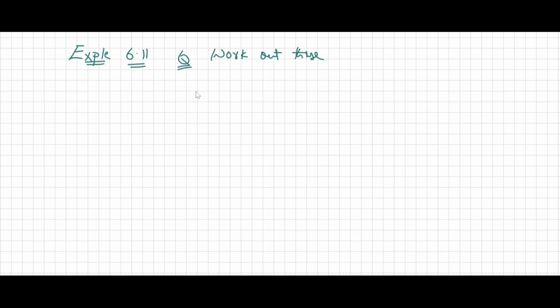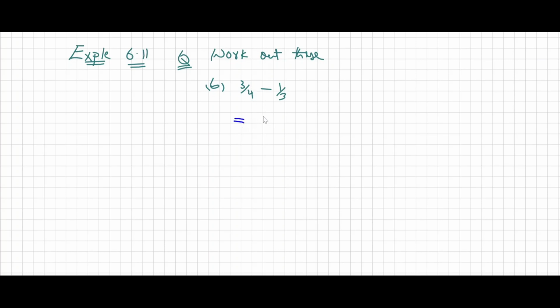So the example is like this. B is 3 by 4 minus 1 by 3. So simple. Make the denominator the same.